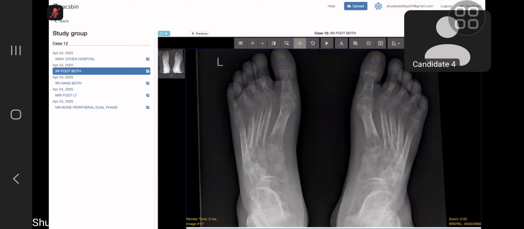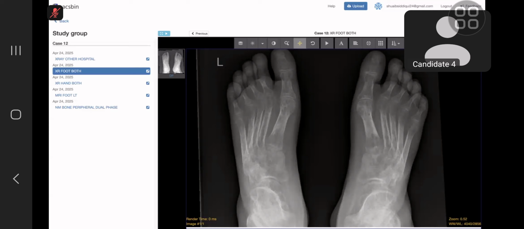So I would like to know whether the patient has any history of neuropathic diseases, because that can cause this type of erosive changes, but I'm not seeing any gross destructive changes which will be seen in neuropathic joints. The possibility is some infection, but usually infections are associated with a significant soft tissue swelling and more destructive changes.